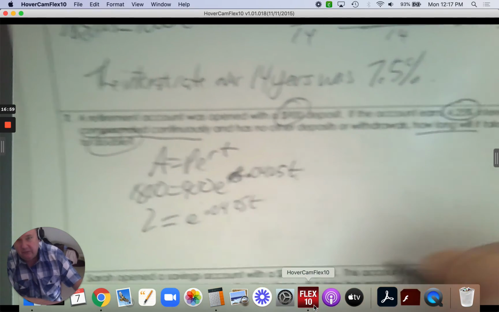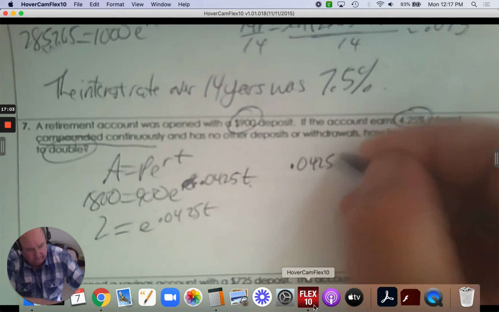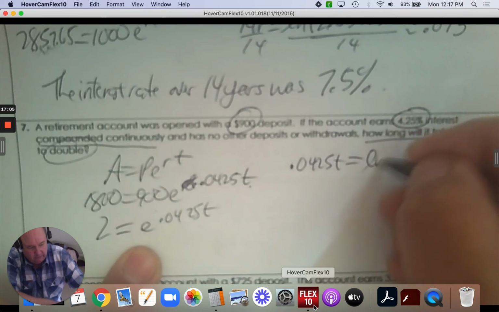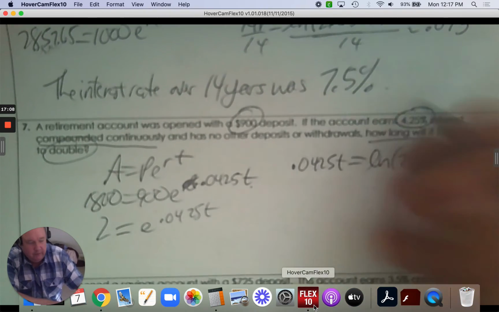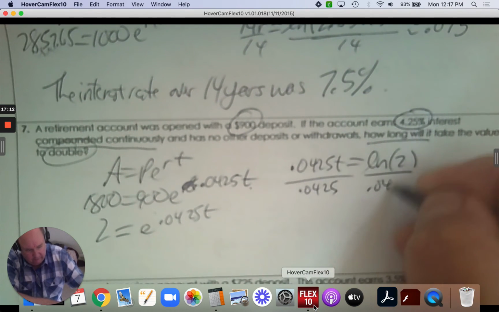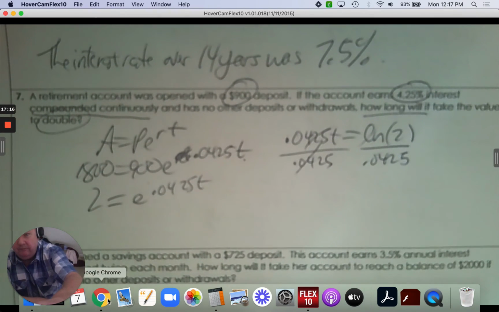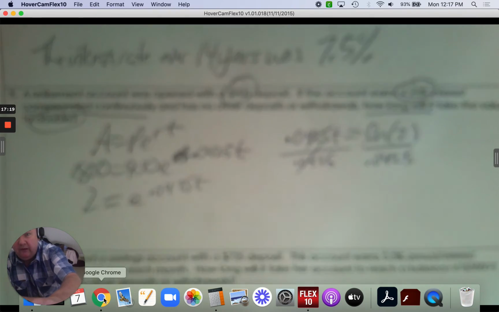Next, write this as a logarithm. So the exponent is 0.0425t. The logarithm is ln, and inside is 2. Divide by 0.0425. And now use your calculator.